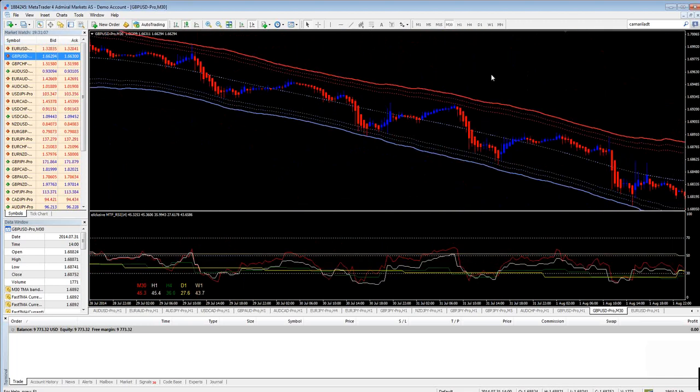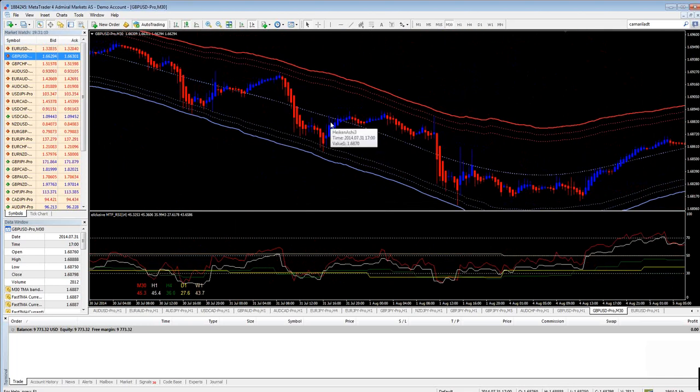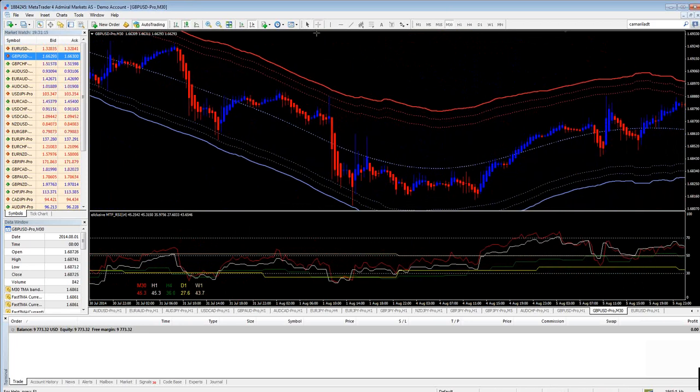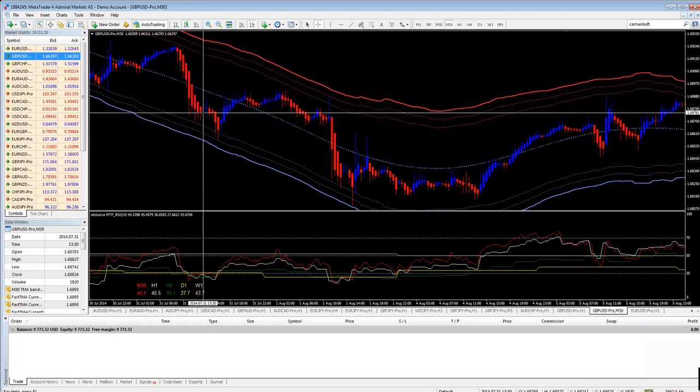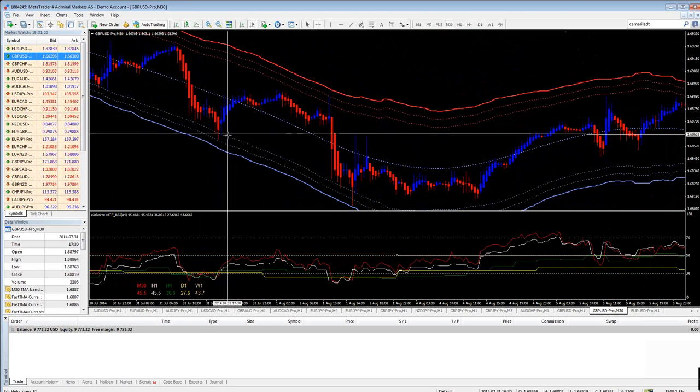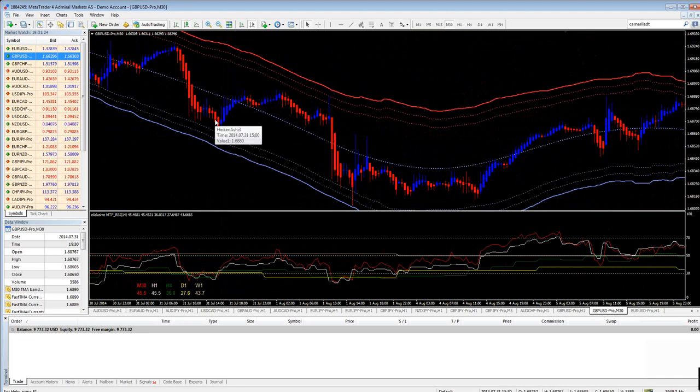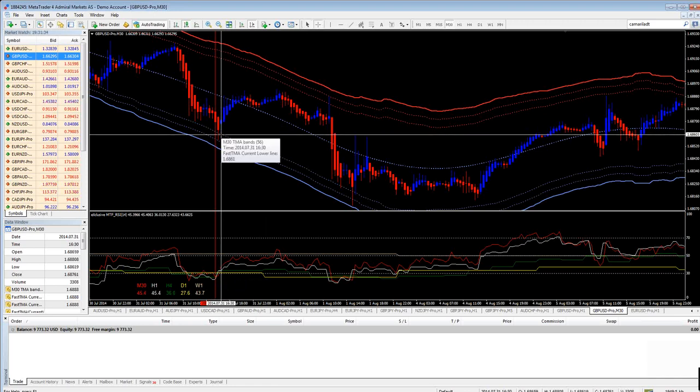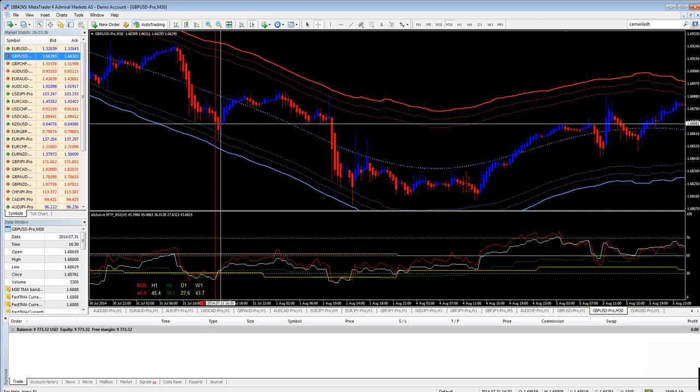You can pick whatever pair you want, really. And even in this, first we need a touch. This is where the touch happened. So after this candle, you're looking for an RSI signal, and this is where the RSI signal happened. On the next candle, it's okay.